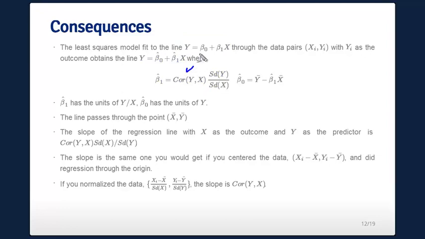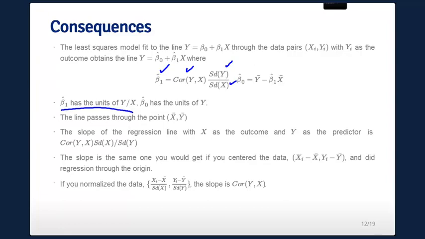The correlation is between -1 and +1 and is a unit-free quantity. This guy has units of y, this guy has units of x, so the units of the slope are units of y over units of x, which makes sense, right? The slope is the change in y over the change in x, so it has to have those units. Beta 1 has the units of y over x. Beta naught has units of y, of course.